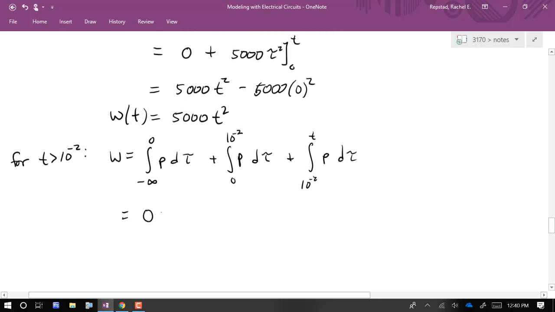So this first one we know is 0. This second one, we've already done the integration, so this is 5,000 tau squared from 0 to 10 to the negative 2.